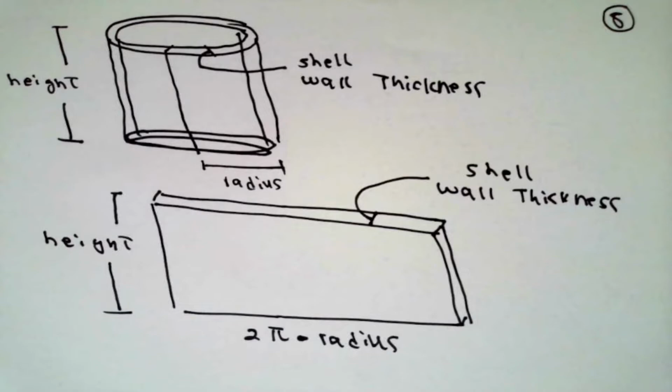If the shell wall thickness hung around as an actual number, that would be a serious concern. But what we're going to do is let the shell wall thickness tend to zero, so in the end, it doesn't matter. So I'll roughly treat this as though it were a rectangular box. The volume of a rectangular box is length times width times height.